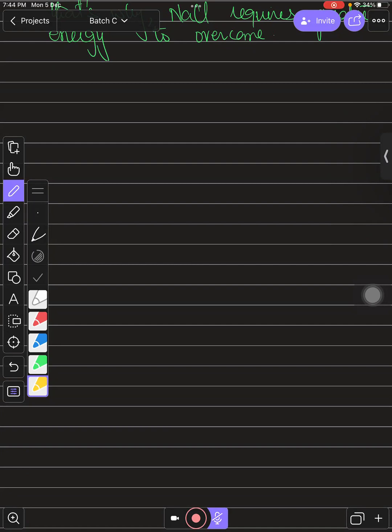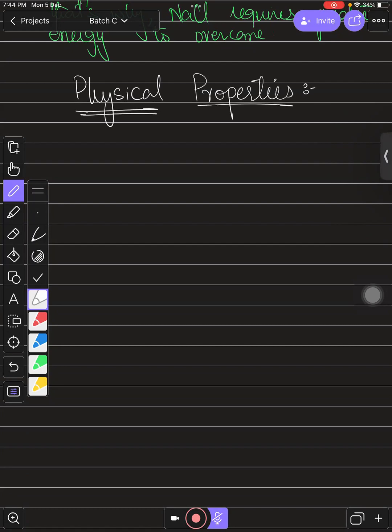Let's talk about some physical properties. You need to remember, children, these are general physical properties. That means we are talking generally, not about any exception. So if you remember, children, ionic compounds mostly look like a solid state.